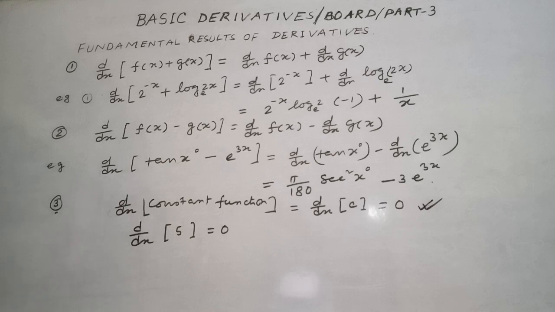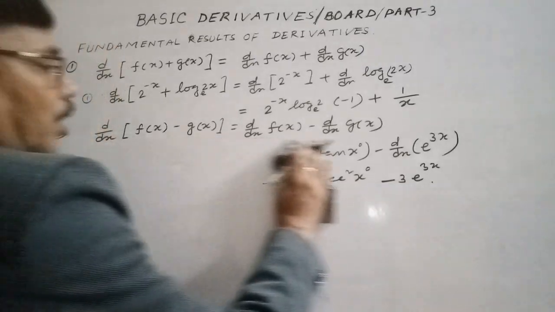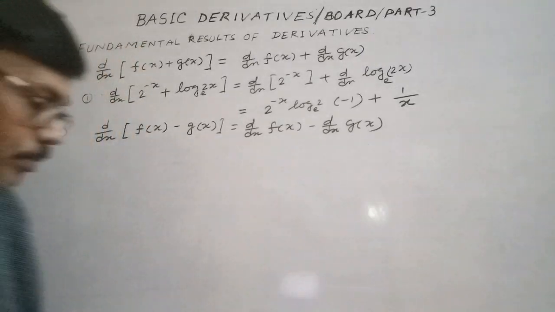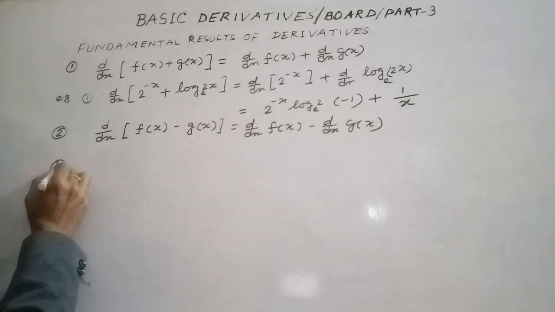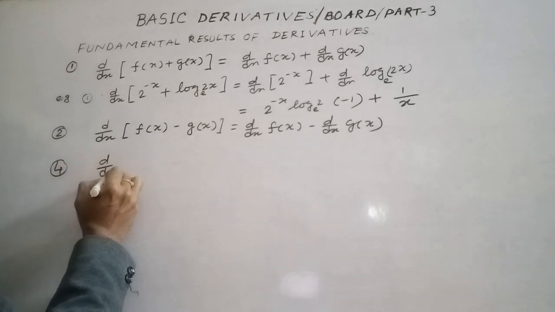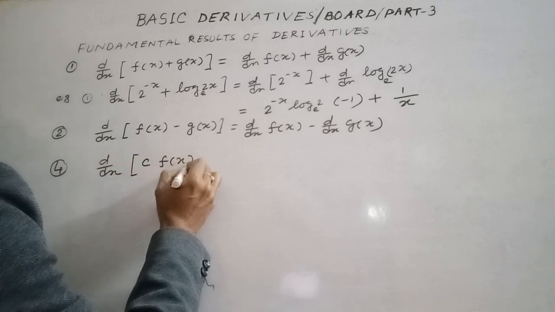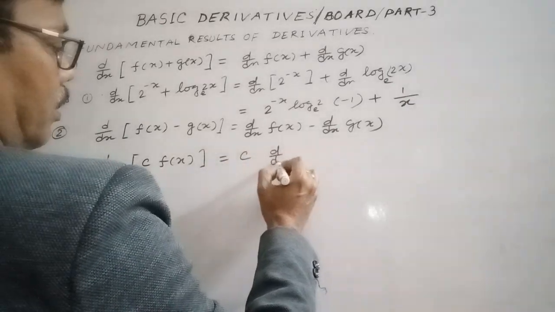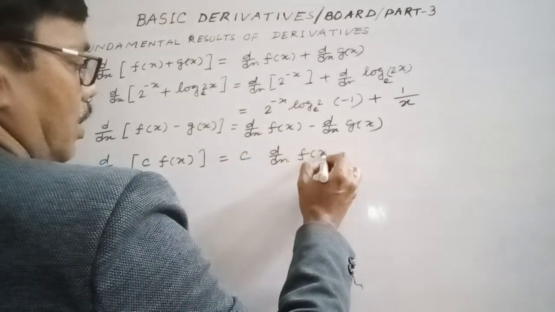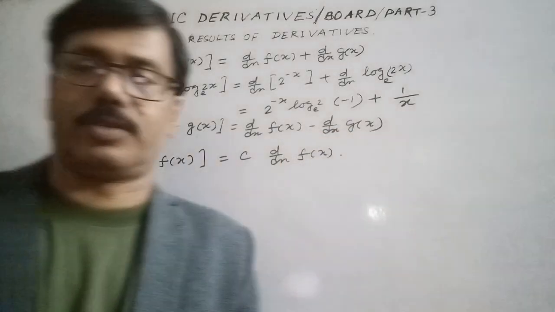And number 4: d/dx of c into f(x) equals c outside, the constant outside, times d/dx of f(x).